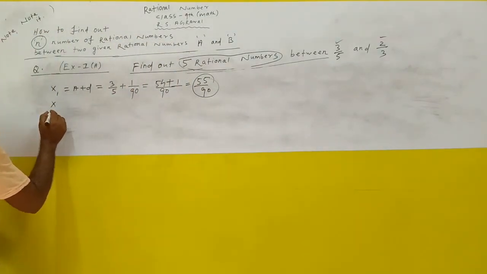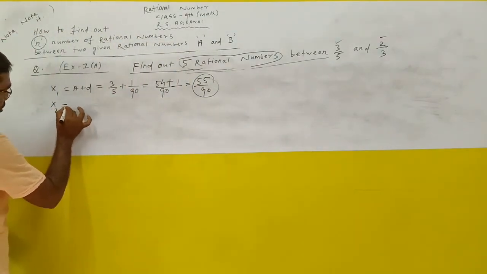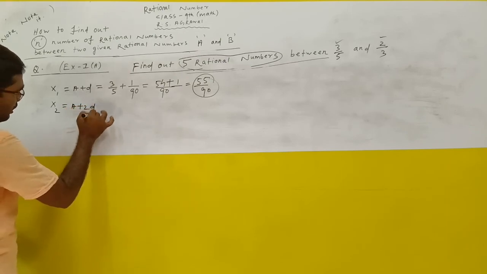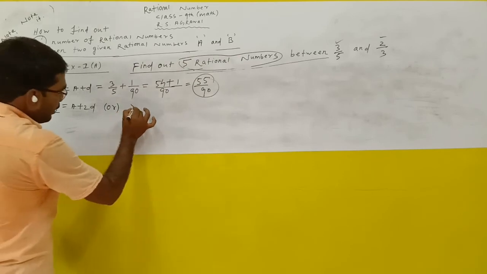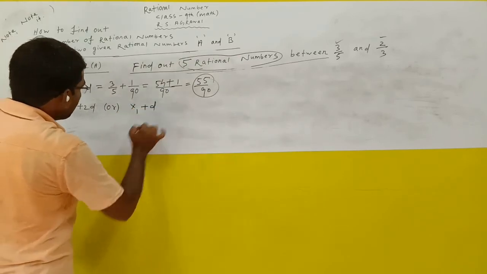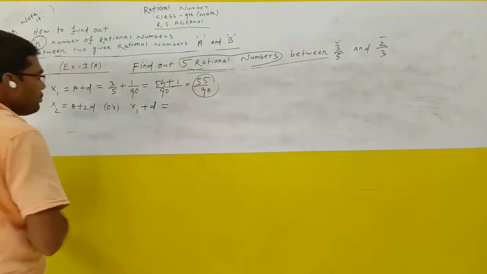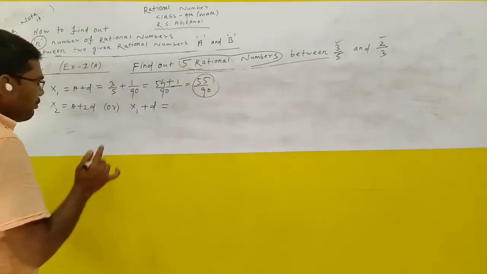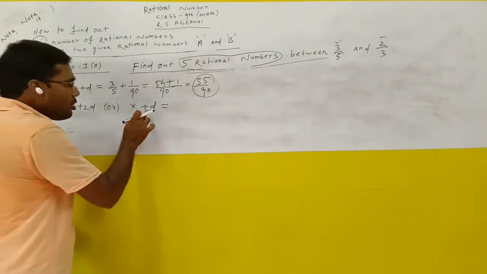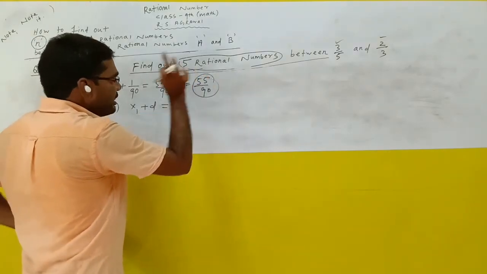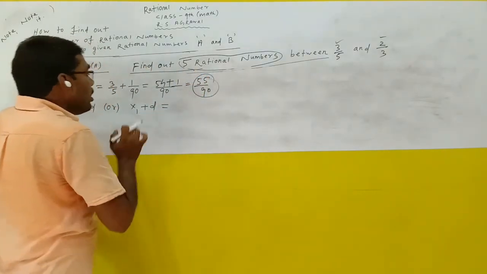Then the second required rational number, that is x2, equal to a plus 2d, or you can use the formula x1 plus d. If you use this formula, then you have to add value of d to x1.